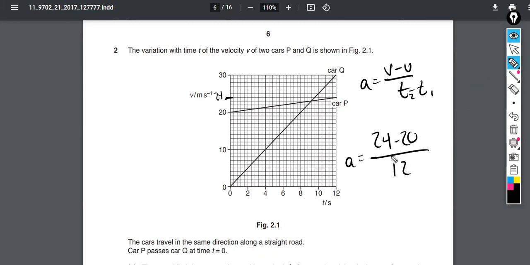So the acceleration of car P is just 4/12 or 1/3 or 0.33 meters per second squared. We just do that by extracting the initial and final velocity and the time on the graph.